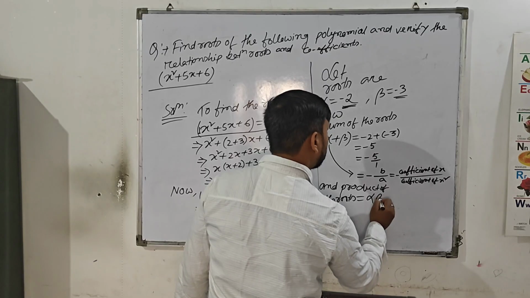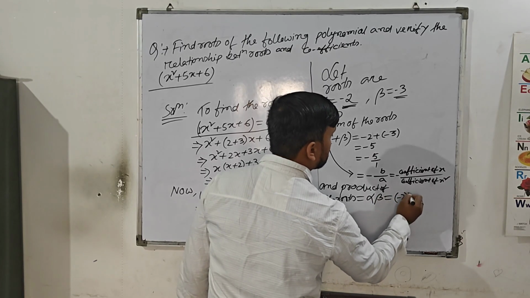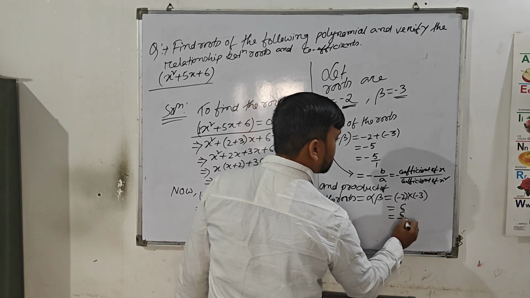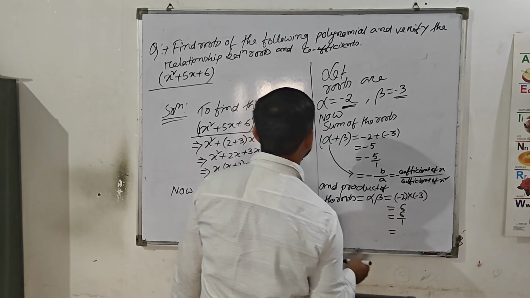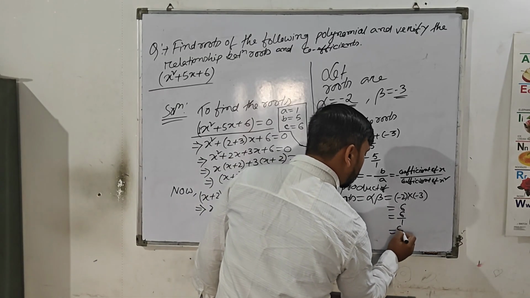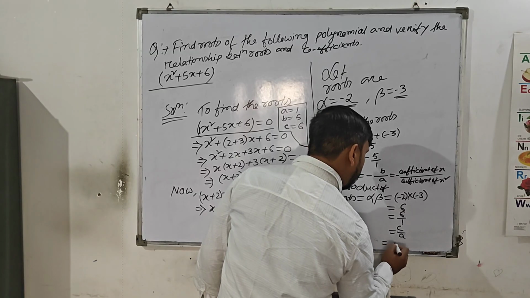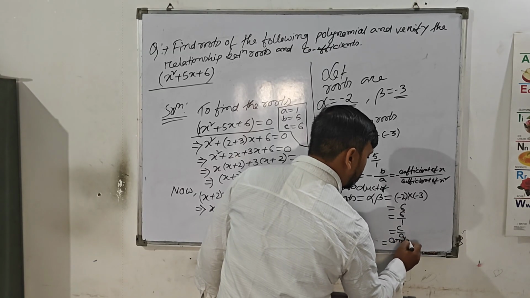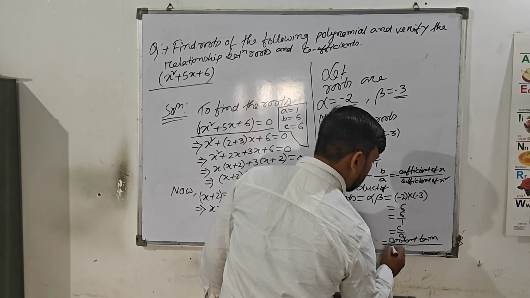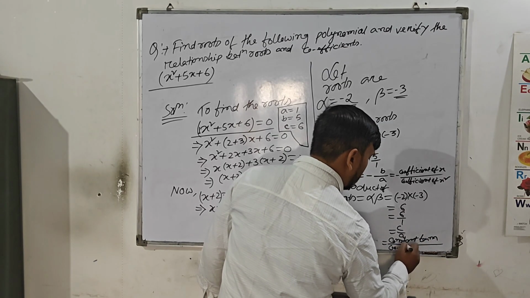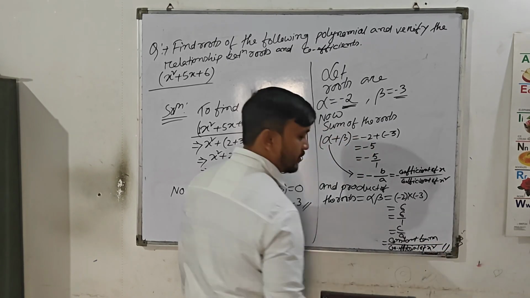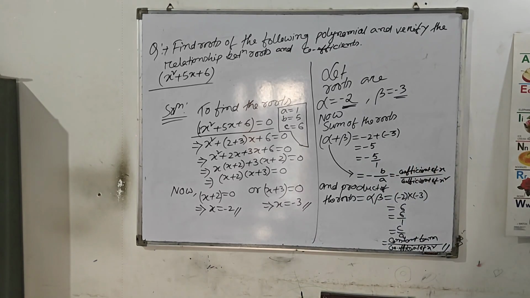That is alpha into beta, that gives you minus 2 into minus 3, that is equal to 6. 6 means 6 by 1. 6 means C. So C by A. We need to write constant term divided by coefficient of x square. So this is how the complete solution is done.